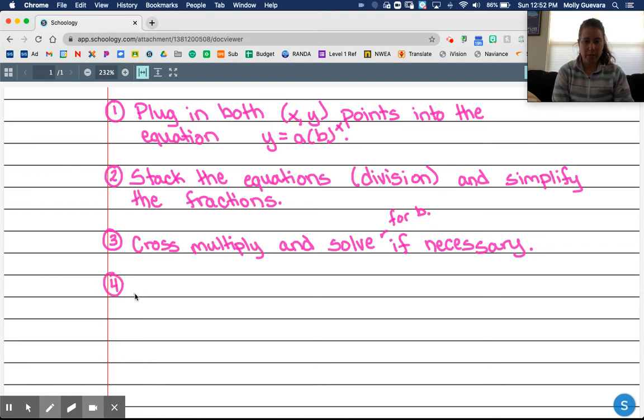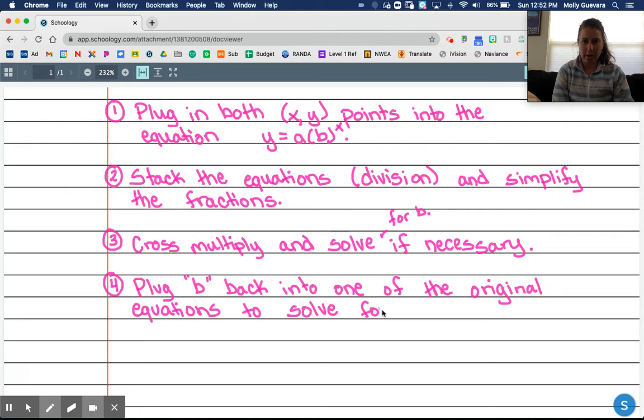Once you have the value of b, you're going to plug b back into one of the original equations to solve for a.